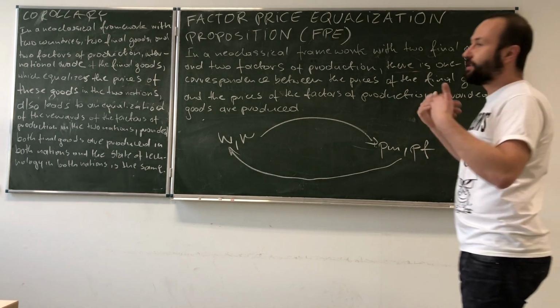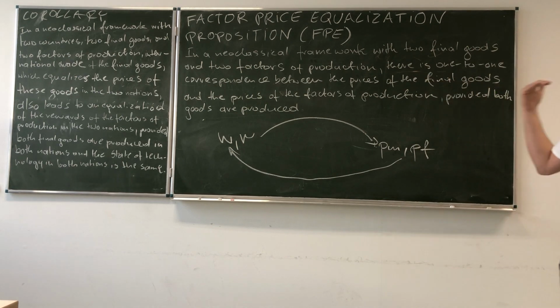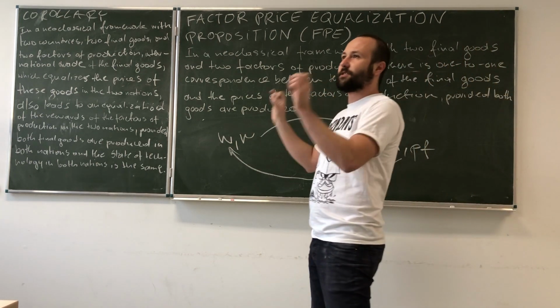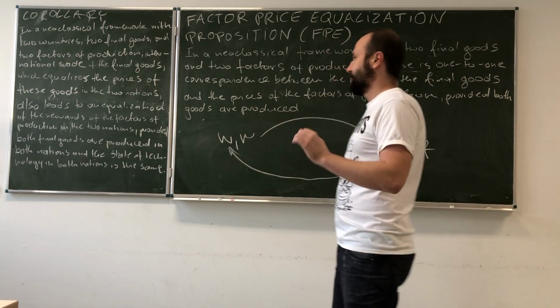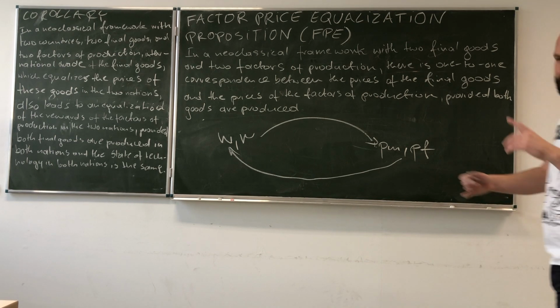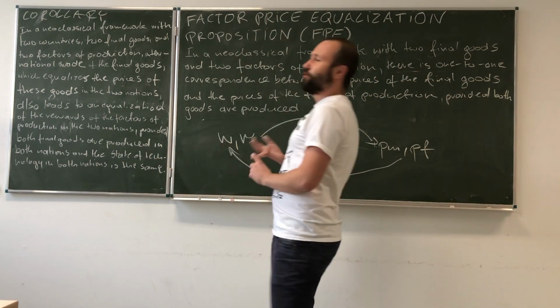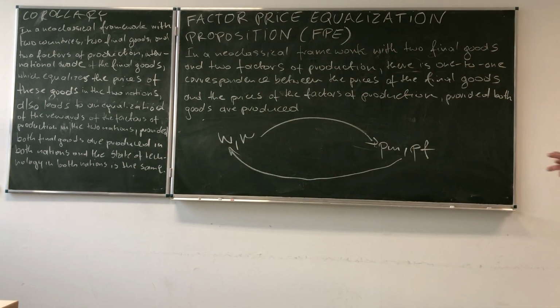And of course, this will lead to equalization of the prices for as long as there are still some arbitrage opportunities. Once we've eliminated these arbitrage opportunities, prices in both countries should be the same. Of course, assuming no transportation cost, no tariffs, and so on.